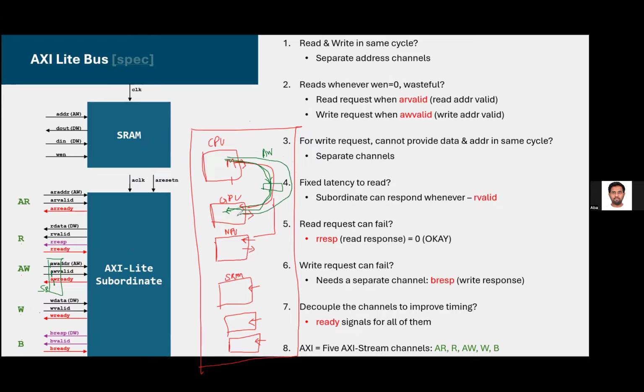Because you don't have a buffer in the write data channel, let's say your CPU gives the write request and the data in the same clock cycle. But when it comes to the GPU, your data will come before your request, right?